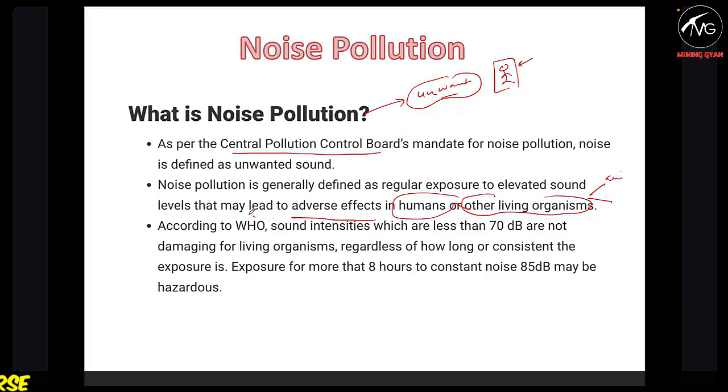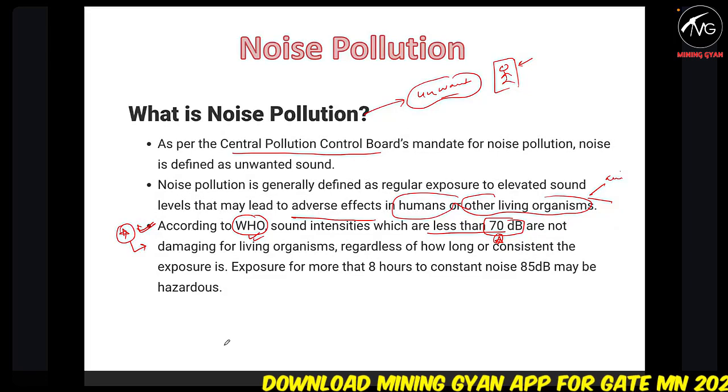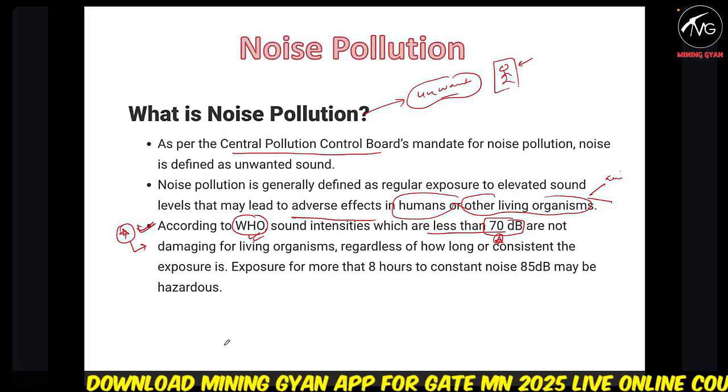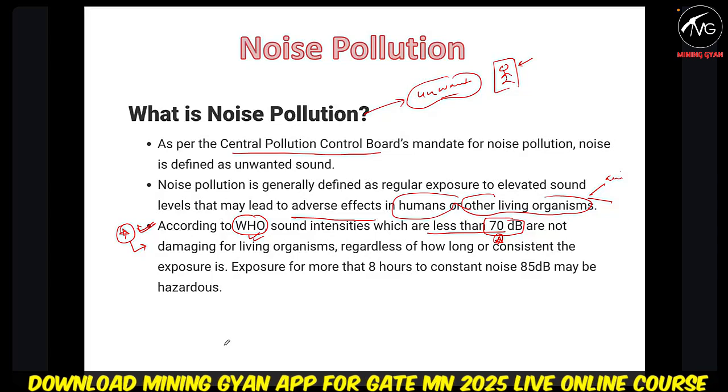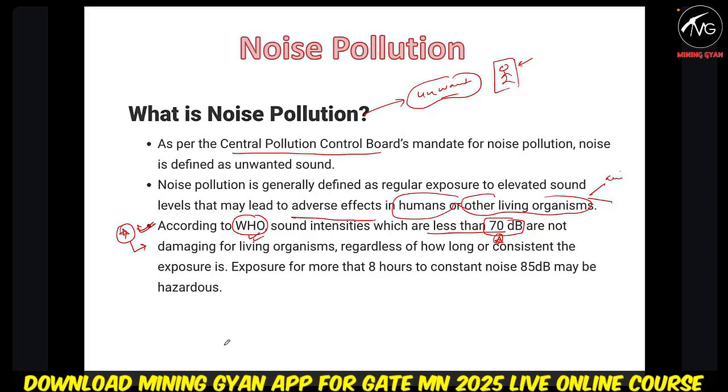So WHO has also defined that your sound intensity should be less than 70 decibel. So you can remember this fact: what WHO mentioned about the limit, 70 decibel, is not damaging for living organisms. What does it mean? If you are exposed for more than 8 hours to constant noise of 85 decibel... So what is a decibel? Decibel is the unit of sound.